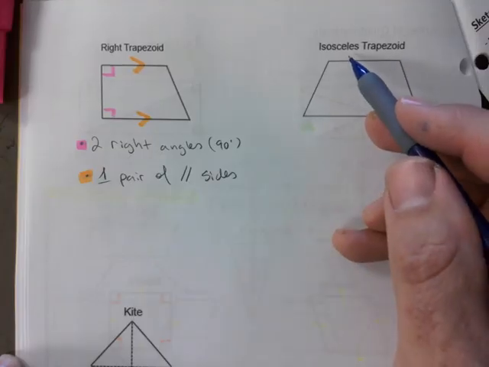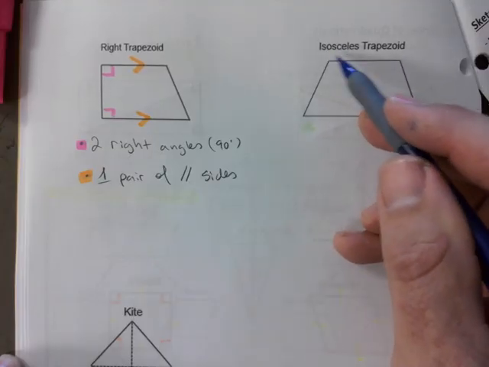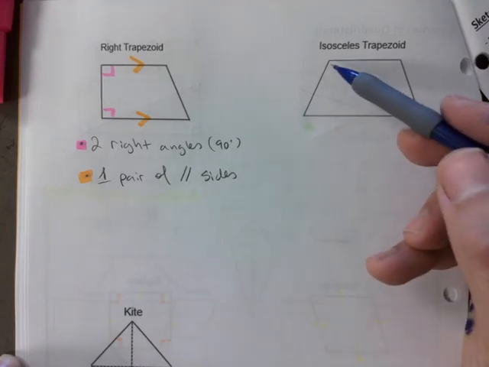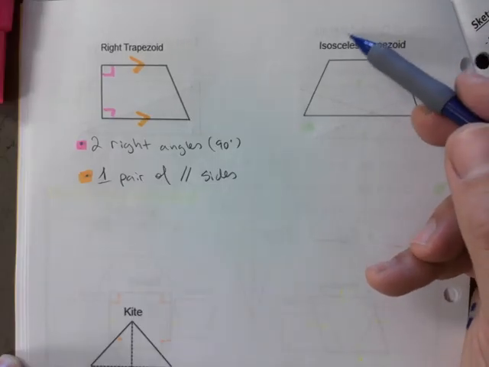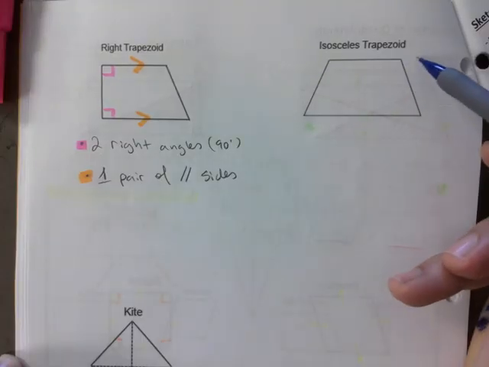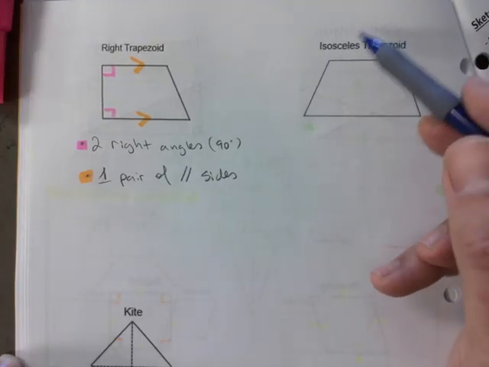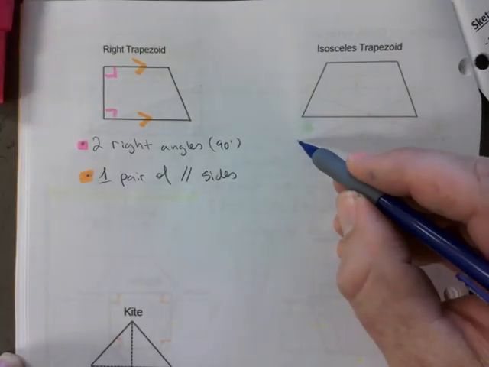Isosceles trapezoid, where's that coming from? We only know isosceles triangles, correct? Think of an isosceles trapezoid as an isosceles triangle that has been cut in half, or the top part has been chopped off. Okay?